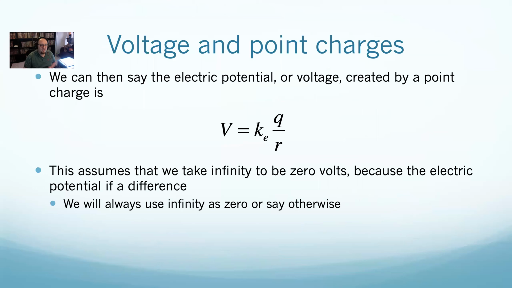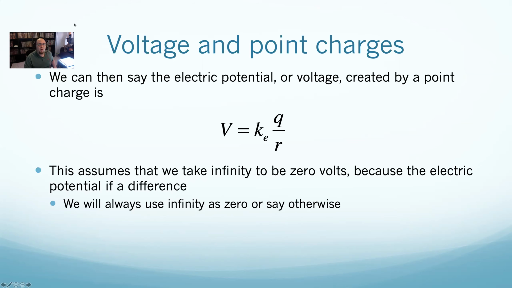Now, this does assume that we take infinity to be 0 volts. We're always going to make that assumption. We're going to make infinity 0. It makes life easy. But this is just the voltage, or electrical potential. Note, I'm no longer saying electrical potential difference. Electrical potential difference is delta V. Just V is the potential.